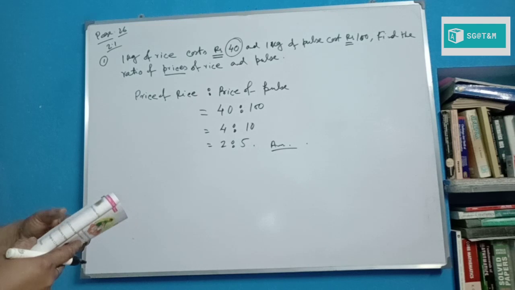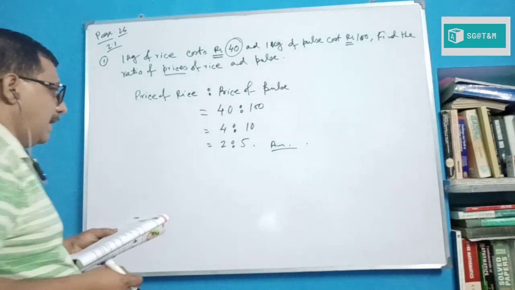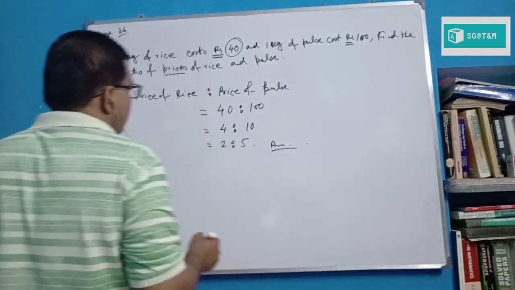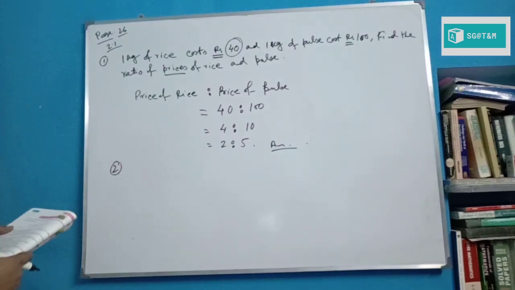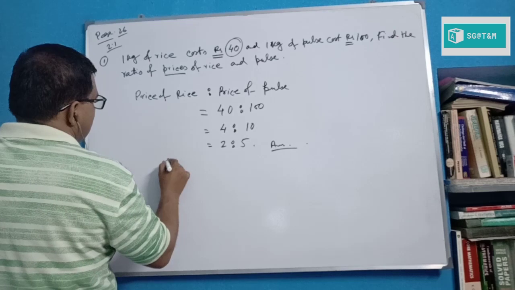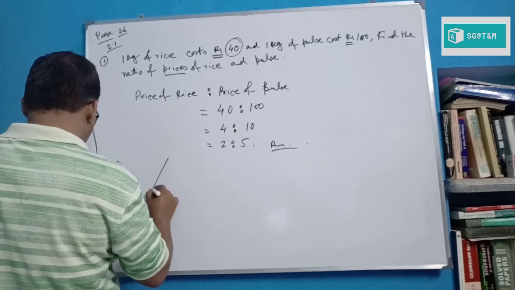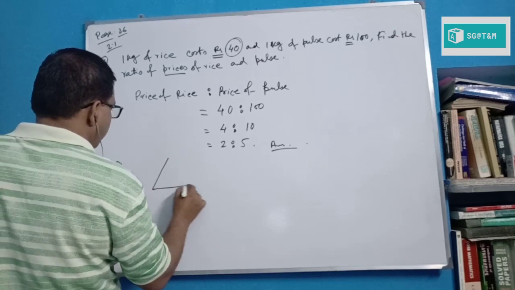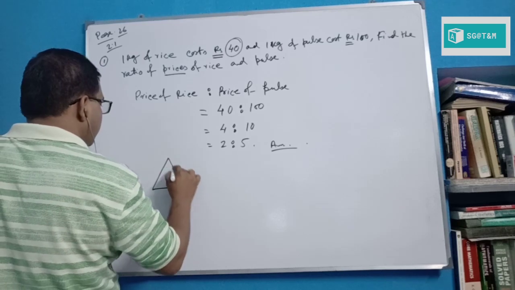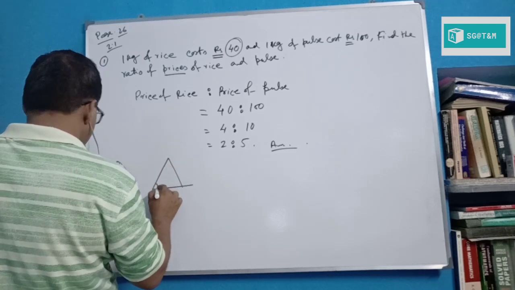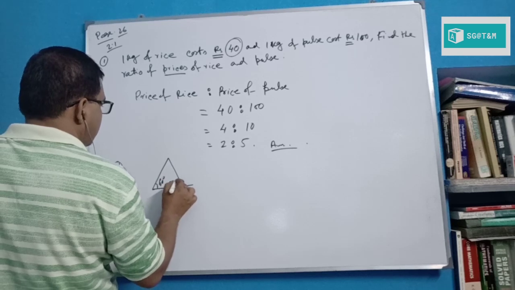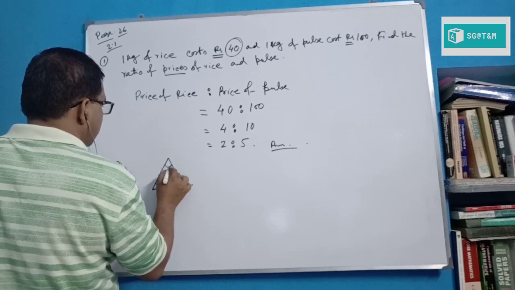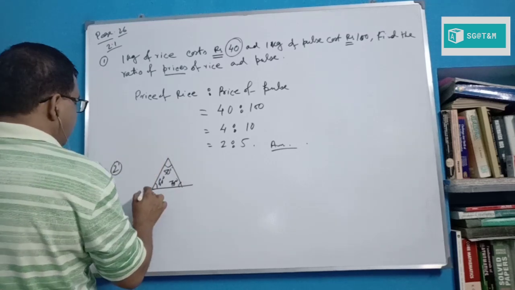In question number 2, one triangle is given, and all angles are given. This is 60 degrees, this is 70 degrees, and this is obviously 50 degrees.